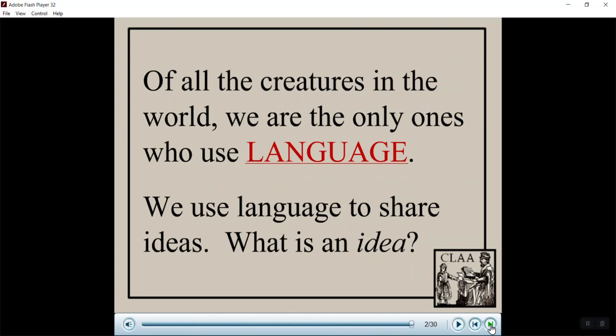Let's begin this lesson by reviewing some of the first ideas we learned in the first lessons of Petty School Reading. We learned that of all the creatures in the world, we are the only ones who use language. We learned that we use language to share ideas, and we asked the question, what is an idea?